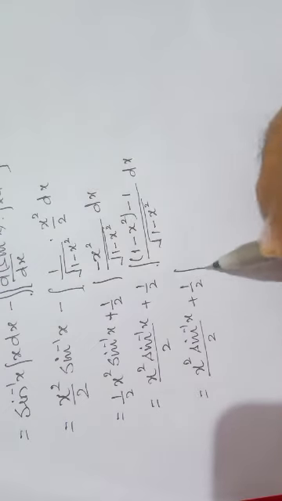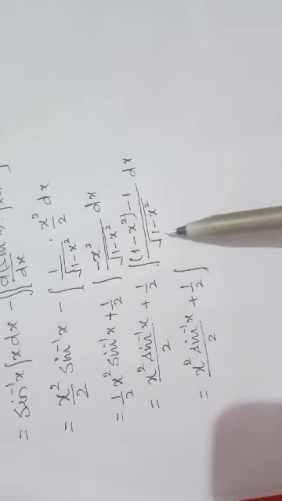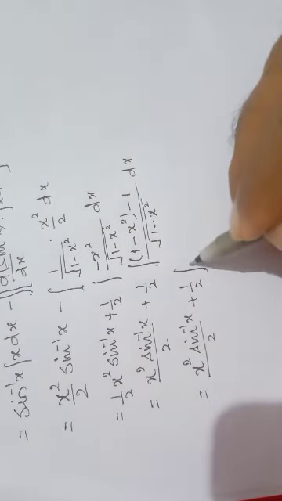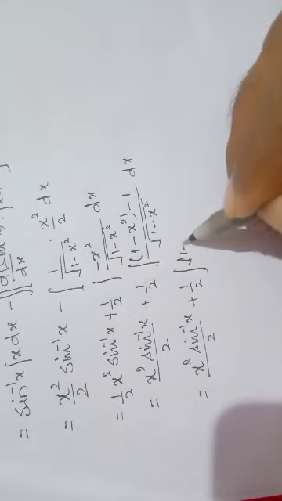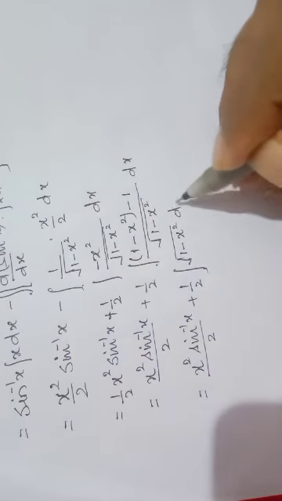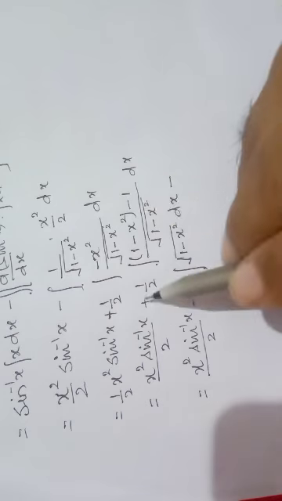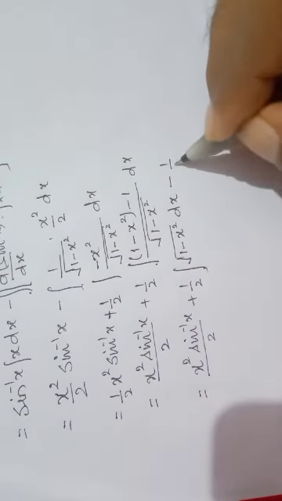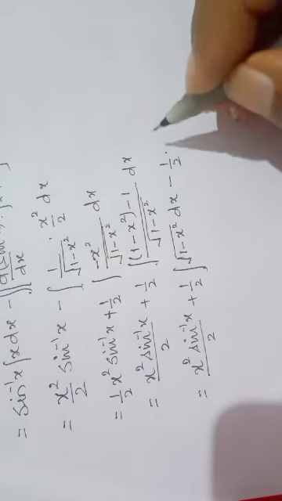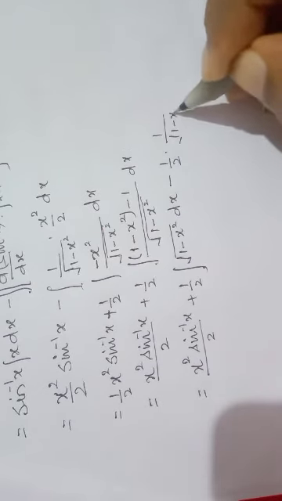Your first integration is 1 minus x square divided by under root 1 minus x square, so it becomes under root 1 minus x square after cancellation, minus, because plus and minus is minus, 1 by 2 into 1 upon under root 1 minus x square.